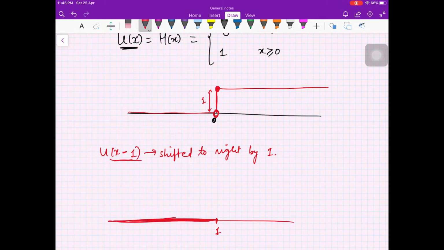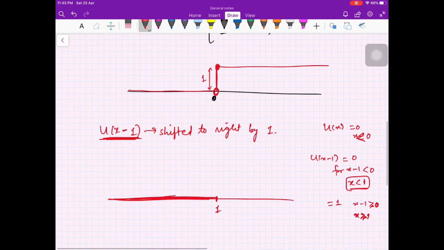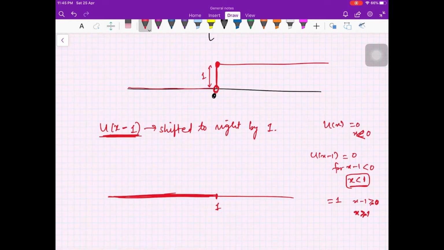Now at 1 your function will be 0 everywhere before 1, because u of x is 0 for x less than 0. So u of x minus 1 will be 0 for x minus 1 less than 0, that is for x less than 1, and it is equal to 1 for x minus 1 greater than or equal to 0, that is for x greater than or equal to 1.